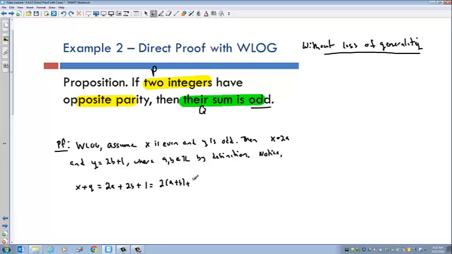plus 1, which is equal to, let's make this real clear, right? So 2 times c plus 1, where c equal to a plus b is an integer, so element of z.